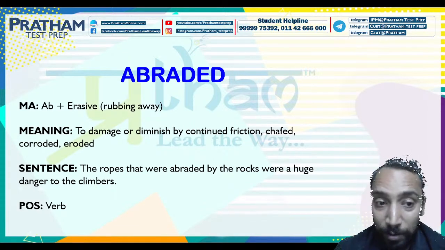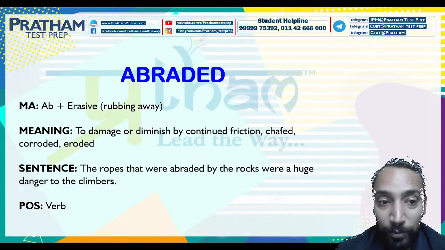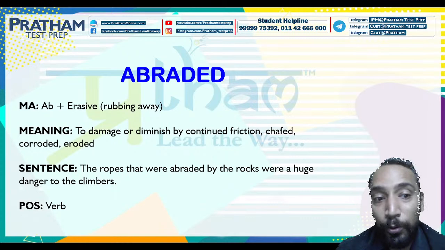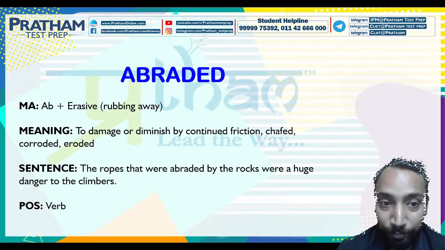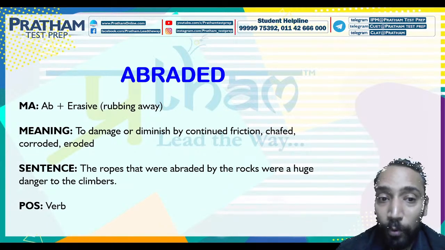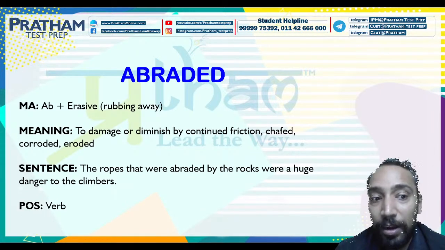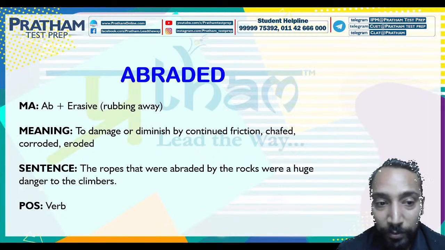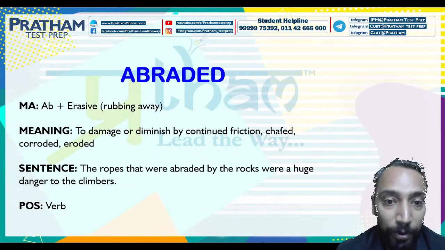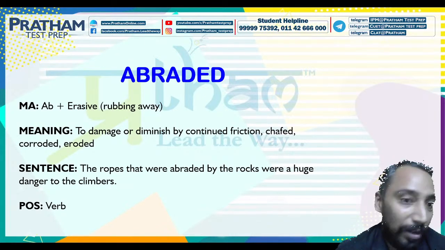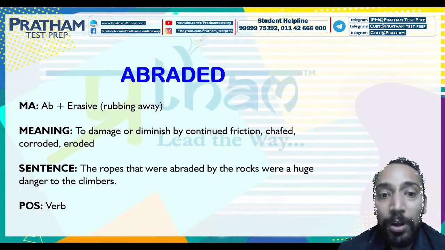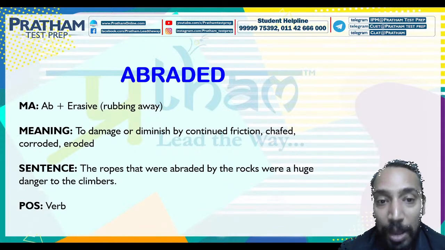In a sentence, we can use it as, the ropes that were abraded by the rocks were a huge danger to the climbers. Right? So the ropes got damaged, and that's why they are a huge danger to the climbers. They can break away at any particular moment, at any time. So the ropes were abraded. That means they are damaged by friction.